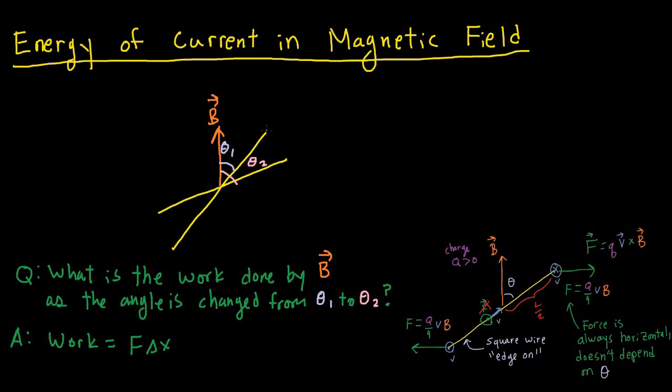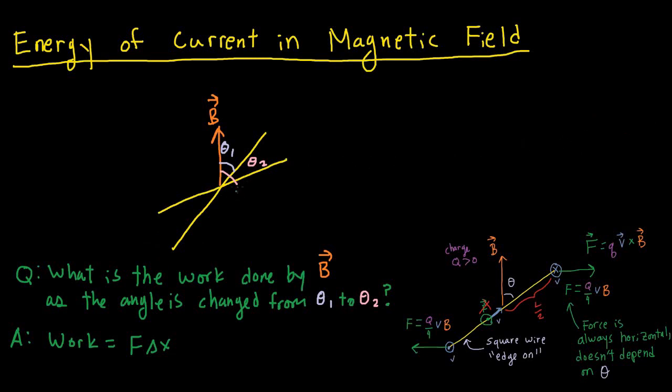Well, we only have a force acting on this part of the wire and this part of the wire, right? And the force is constant and horizontal. So delta x is going to be this distance right here, and also this distance right here.